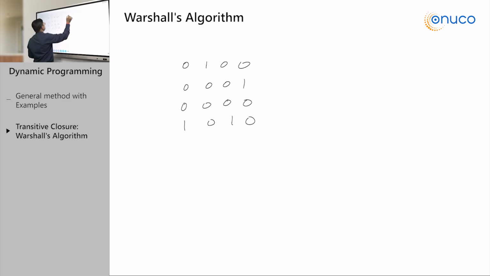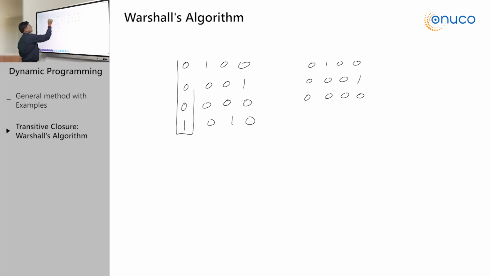And in the transitive closure, as of now we have k equal to 1, 0 1 0 0, 0 0 0 1, all 0. And this was the shaded part, k is equal to 1.